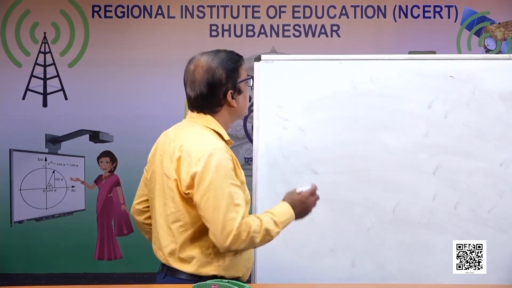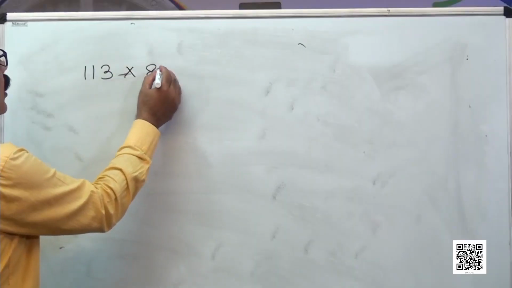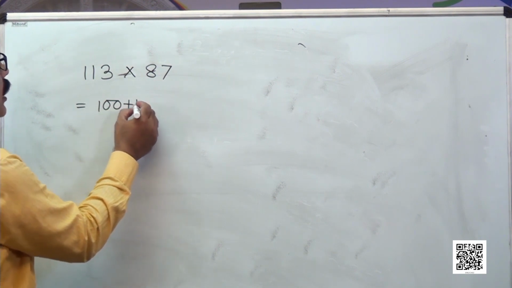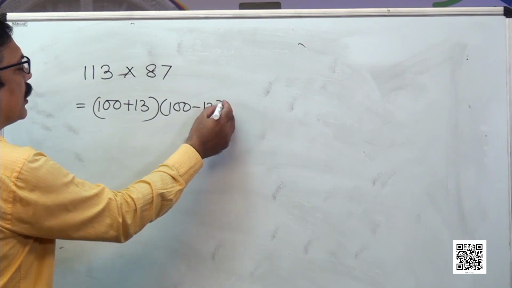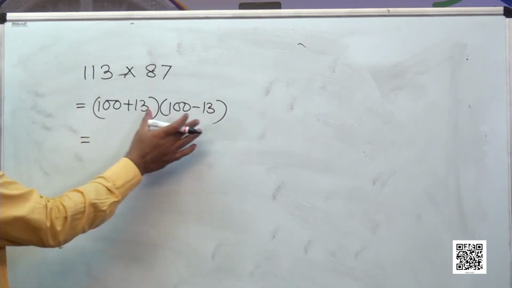So 113 into 87 can be written as 100 plus 13 and 100 minus 13. Now see this form.